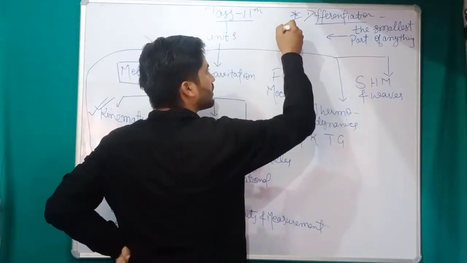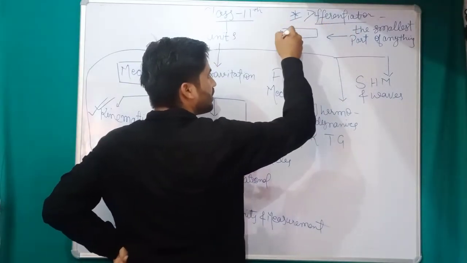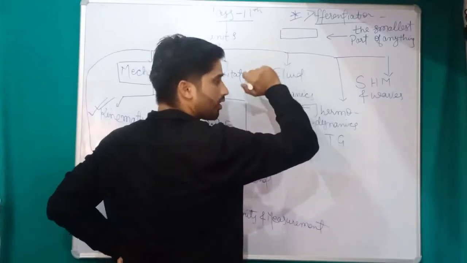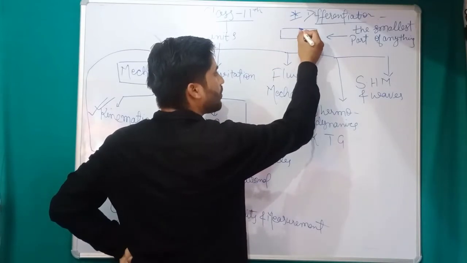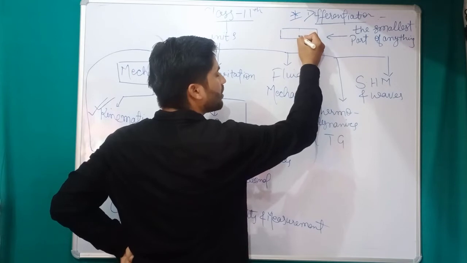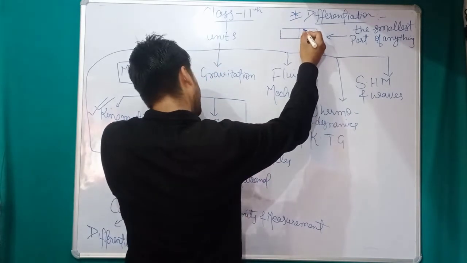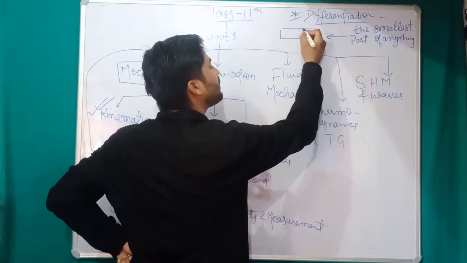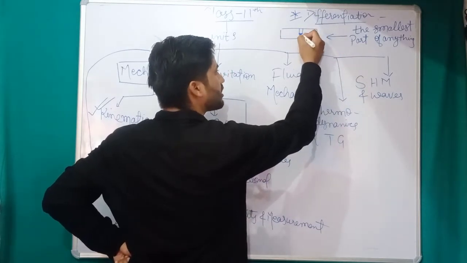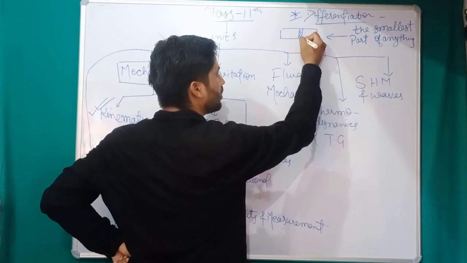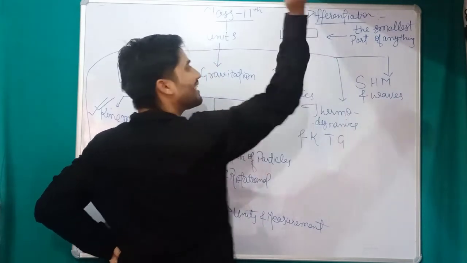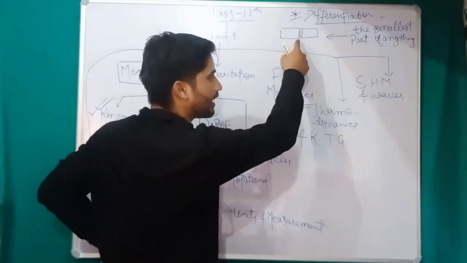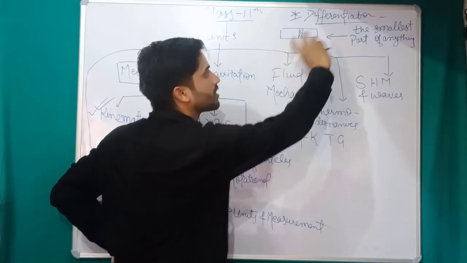For example, suppose this is a wooden block. If you cut the wooden block, then you will get pieces of the wooden block. And when you cut the smallest piece, suppose this is the smallest piece of this wooden block, this smallest part comes under differentiation.